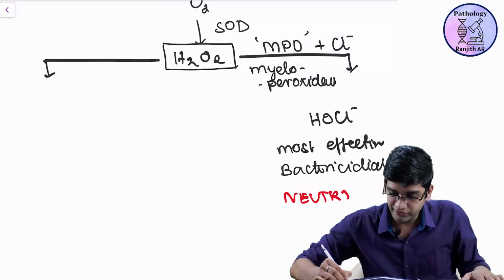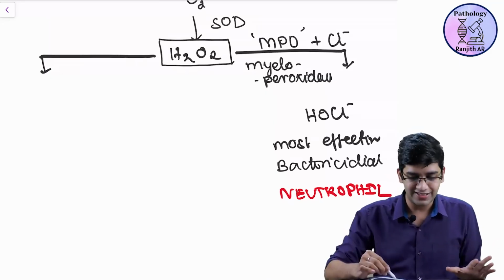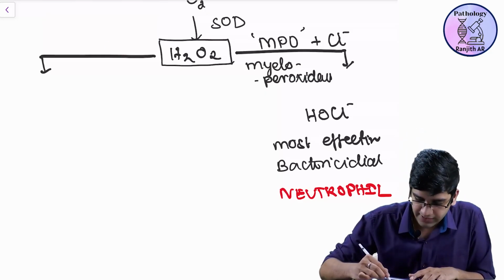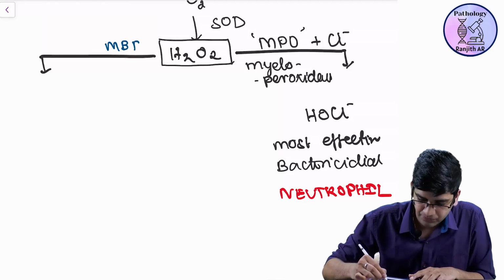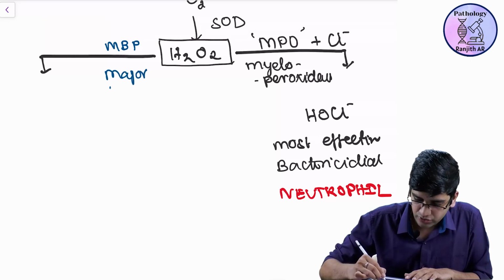So I'll give you one more revealing point here. It will be amazing. We are just going to understand the body, that's all. In pathology, we are just going to understand our body. If it is the other cell, there is one more protein, I'm writing it here, called MBP, the second arm. MBP stands for major basic protein.